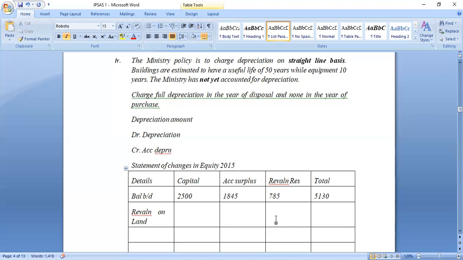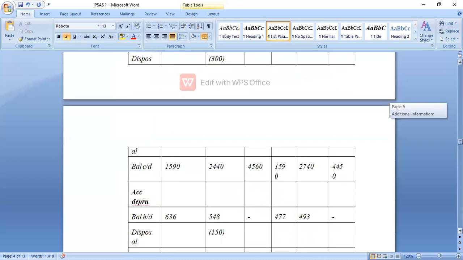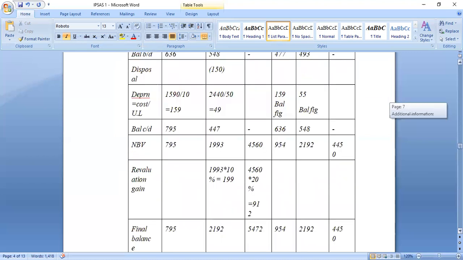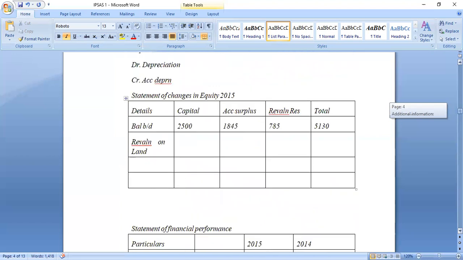So for land, if I remember correctly, okay, let me not rely on memory, let me put the real amount. For land, we had 912 as our revaluation gain. So 912 would come there. Then we also had revaluation on building.